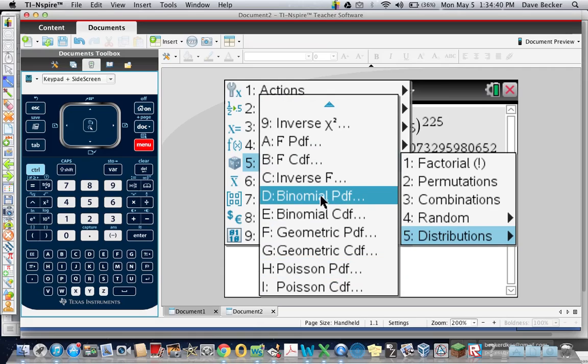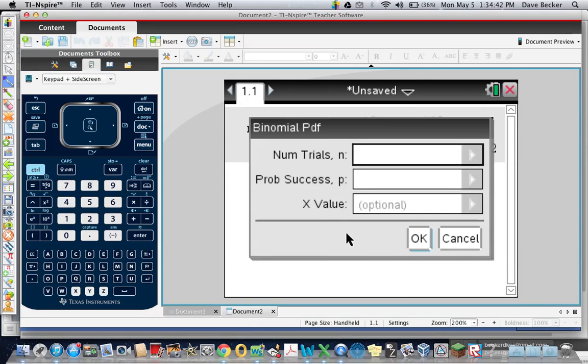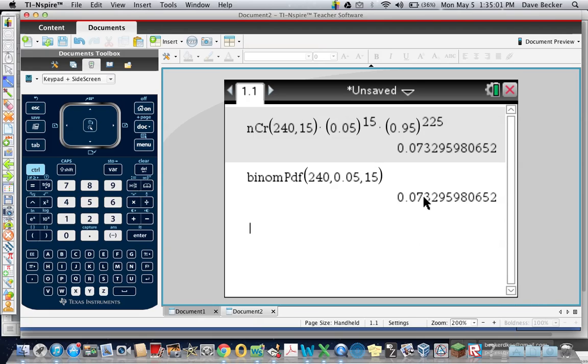Binomial PDF. Number of trials, there's 240 because there's 240 eggs. Probability of success is 0.05, and the random variable x is equal to 15. Same thing, 0.073. So either way will be just fine.